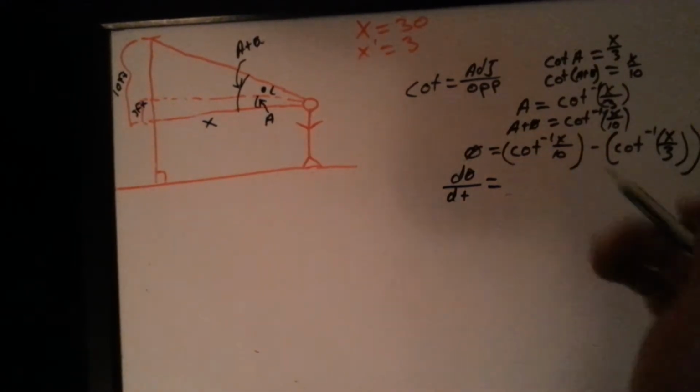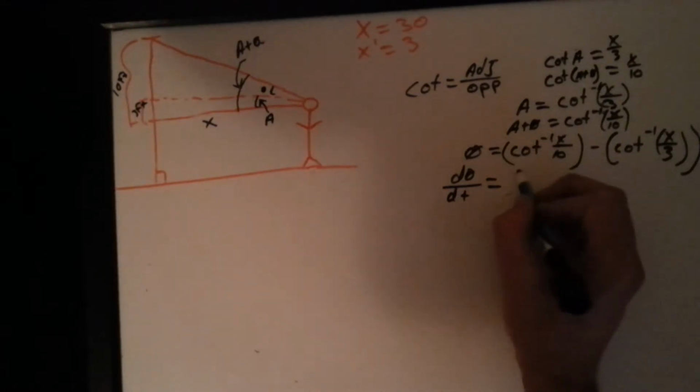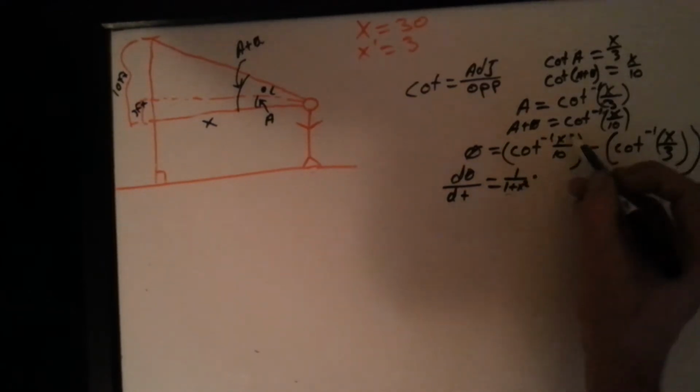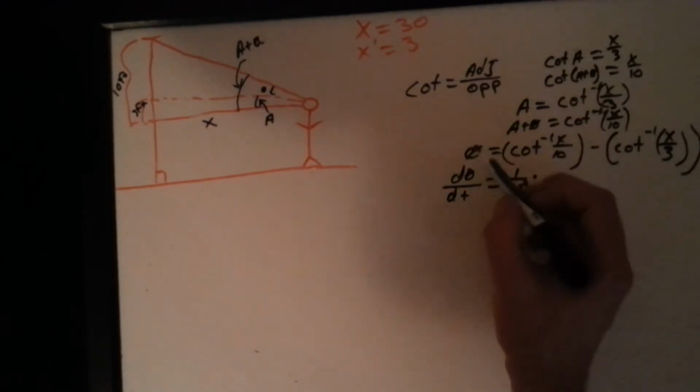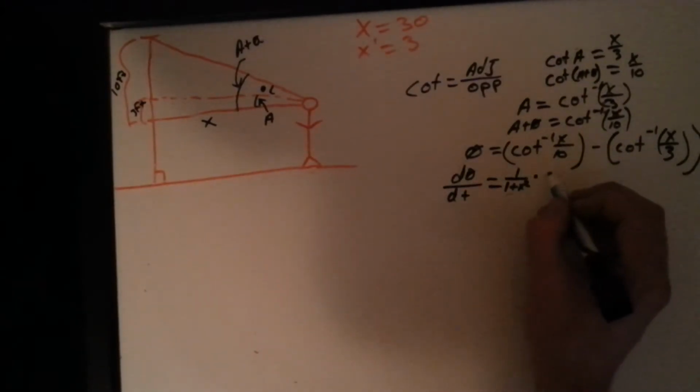So the derivative of the inverse cotangent is 1 over 1 plus x squared times the derivative with respect to time of x over 10.